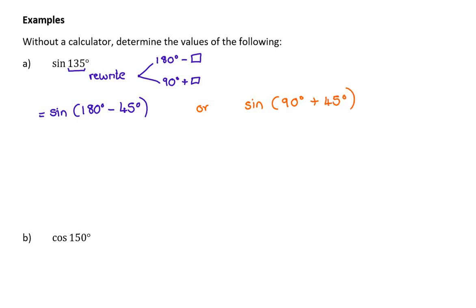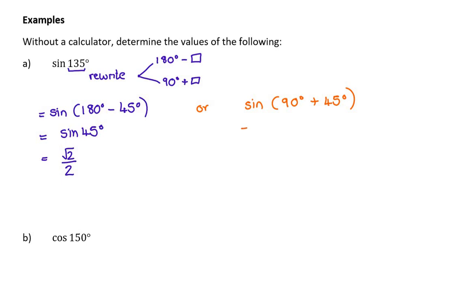That also simplifies to 135. Okay, now let's do reduction of the first one. 180 minus 45 would be quadrant 2, so sine is positive, and when you're working from 180, your name stays the same, nothing changes. So I get sine of 45, which is root 2 over 2.